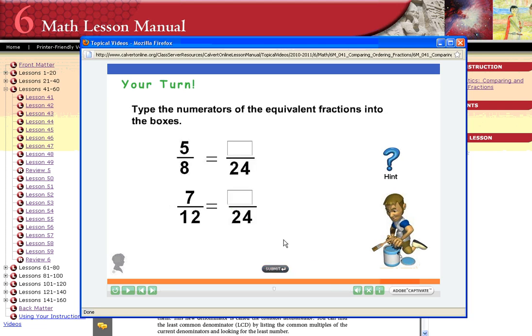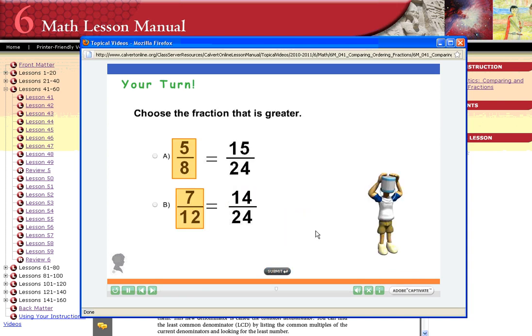Next, type the numerators of the equivalent fractions into the boxes. Now choose the fraction that is greater.